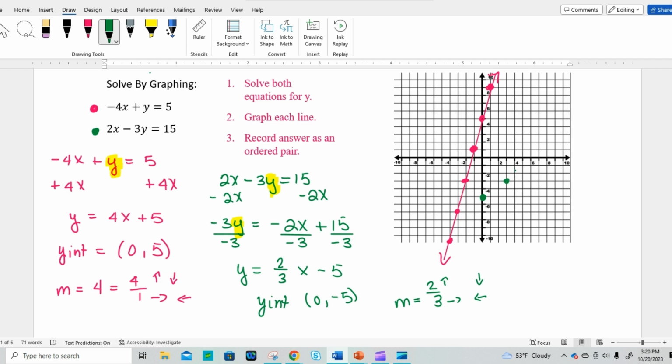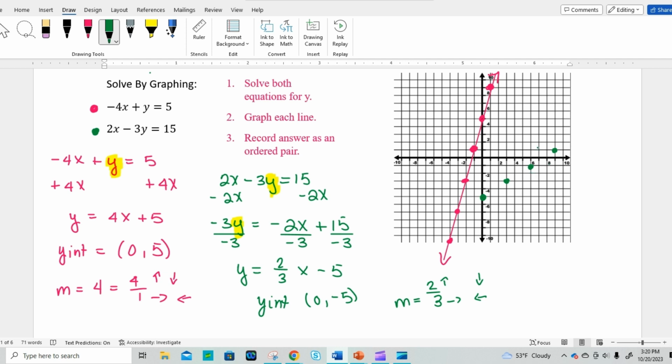And now I could continue with that. And if I were just drawing this for myself, I probably would, just because I like to be certain of where my points are. But I could also say, well, that's taking me further and further away from that pink line.